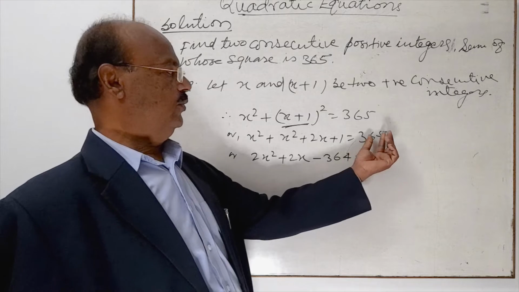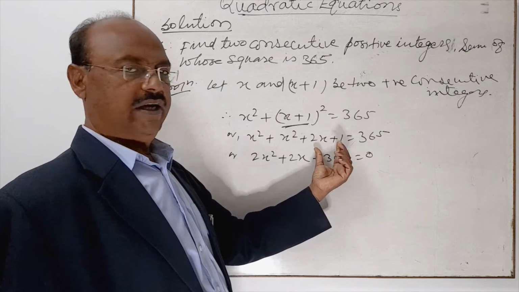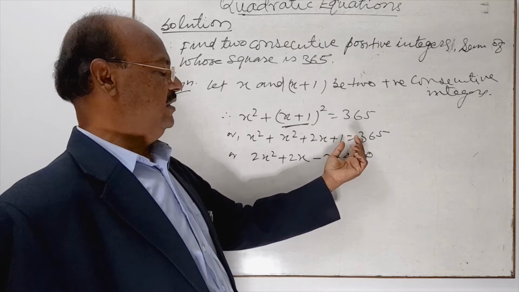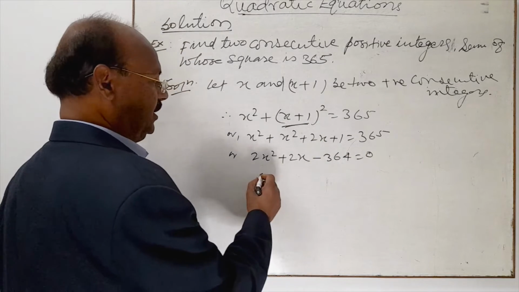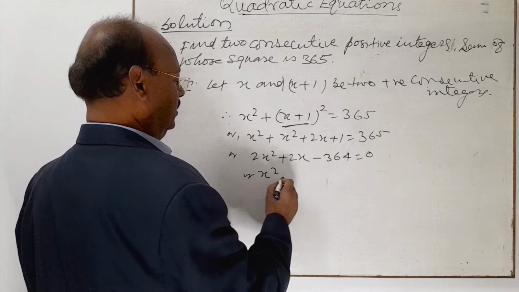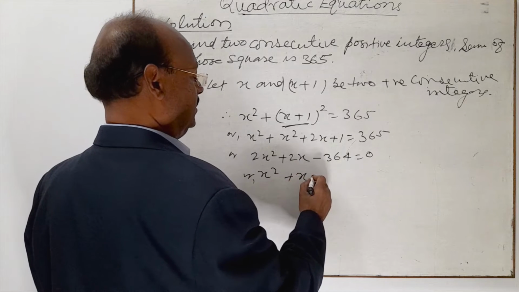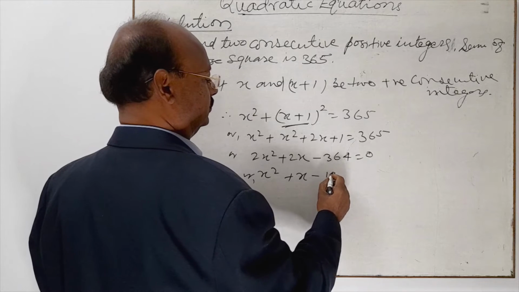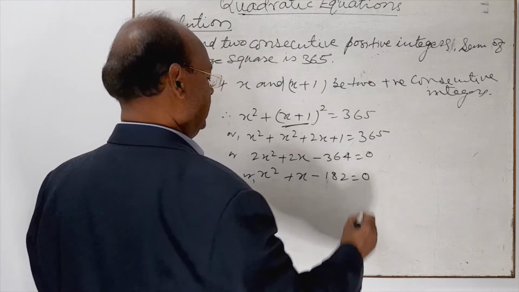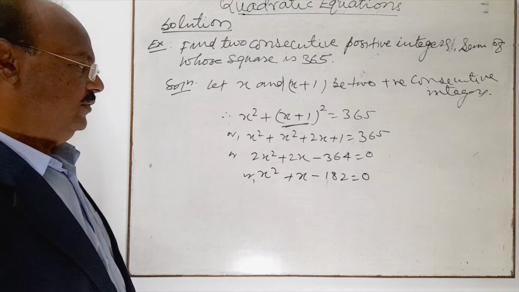Here you have transposed 365 to the left hand side. You get minus 365 plus 1 is equal to minus 364. And you will get x square plus x minus 182 is equal to 0.